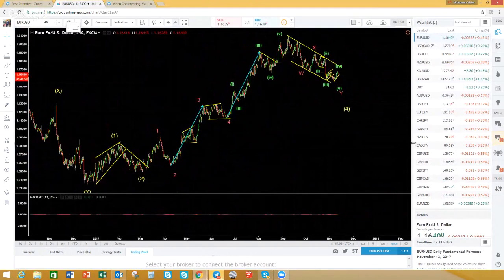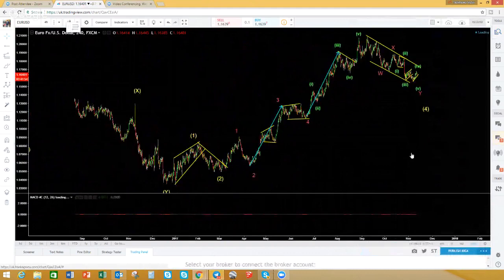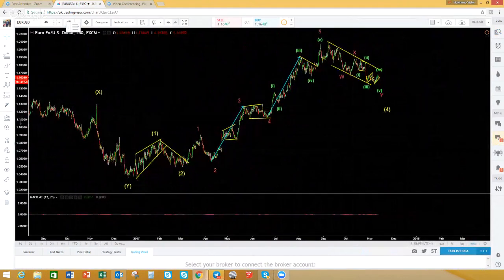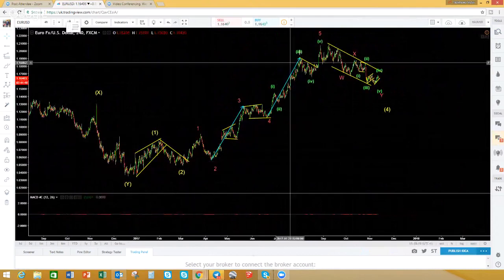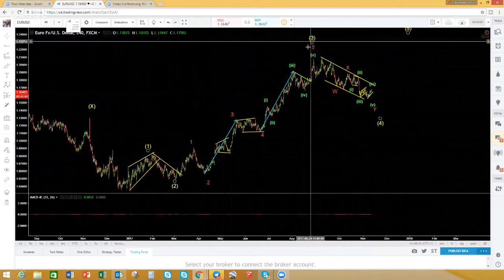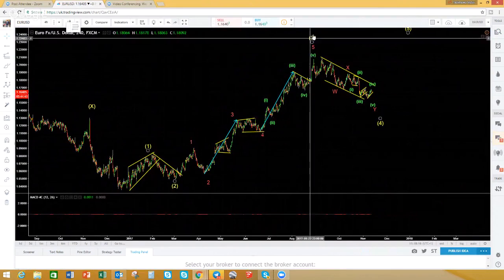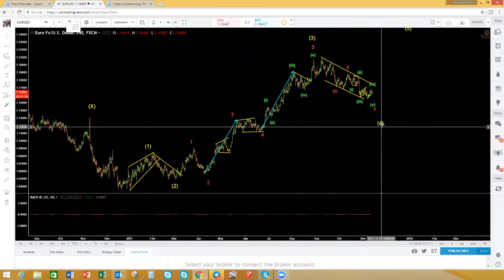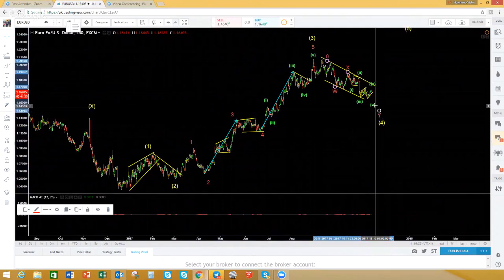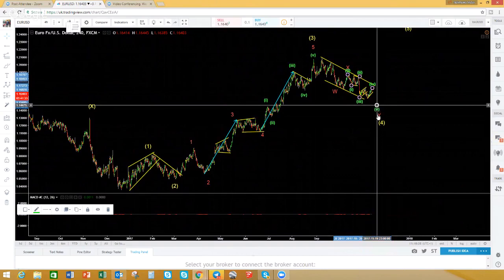On the Euro US dollar, I have the same impulsive move here as well. 1, 2, 1, 2, 3. See, this one has already completed the third wave. We are now also on wave 4, but now we're looking for wave 4 to the upside.